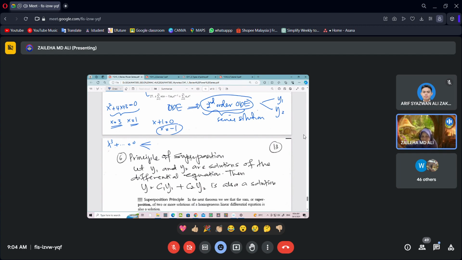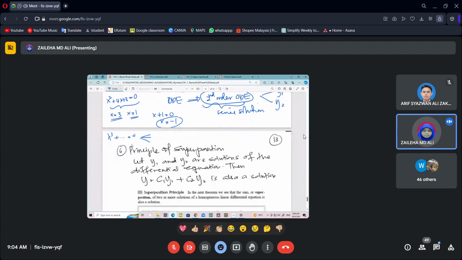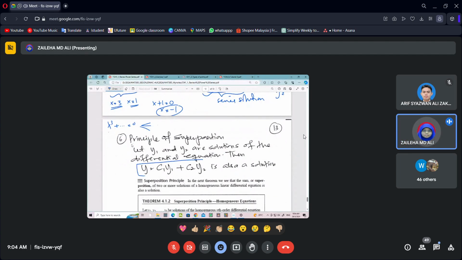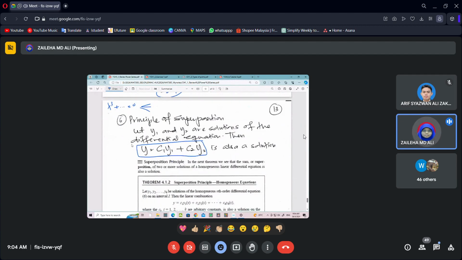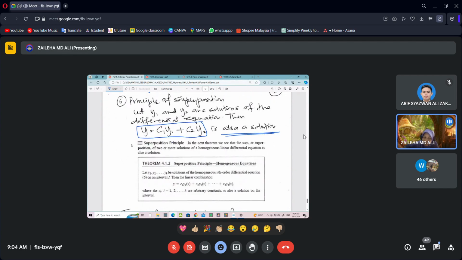But the principle of superposition says not only y1 or y2 is a solution, but the linear combination c1y1 plus c2y2 is also a solution.